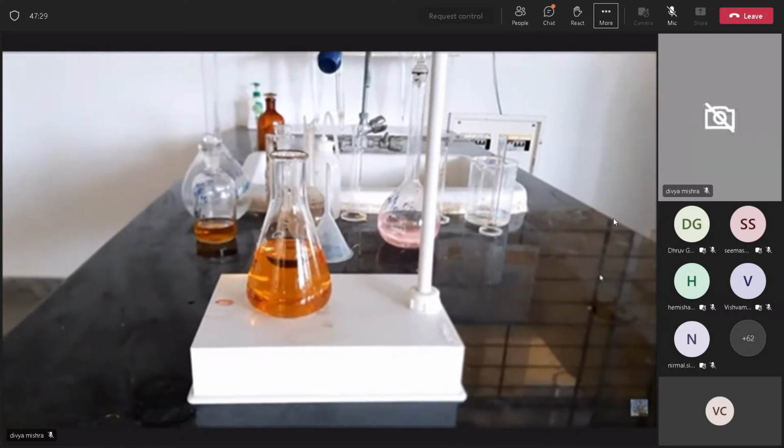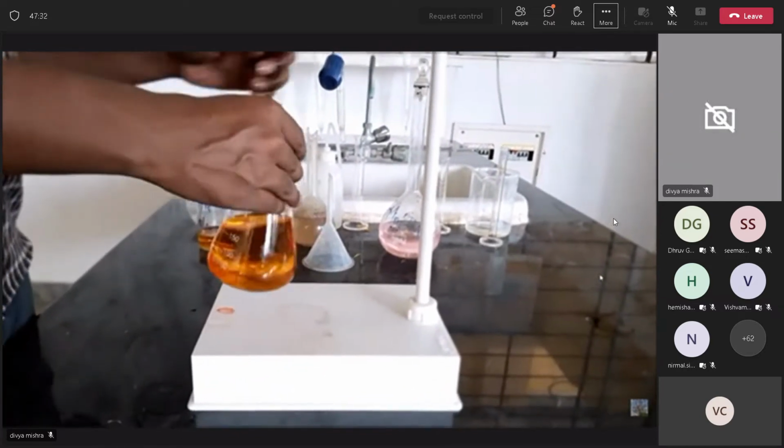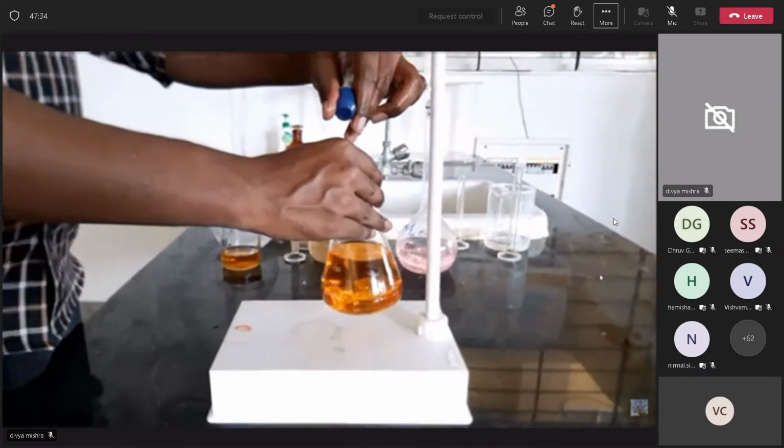Now the solution will be titrated against standard sodium thiosulfate solution until it turns to a pale straw color.